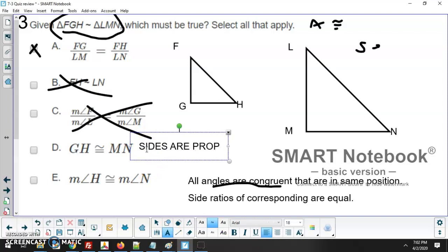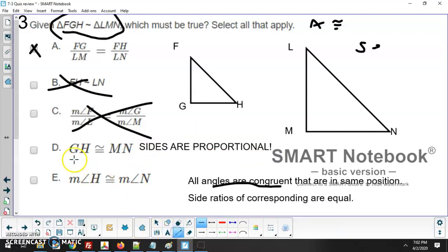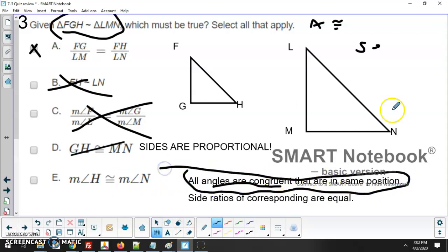So that's also not true. And the last one, measure of angle H is congruent to measure of angle N. Remember, that is true because all angles that are in the same position are congruent. Look, H and N are in the same position, so that is true.